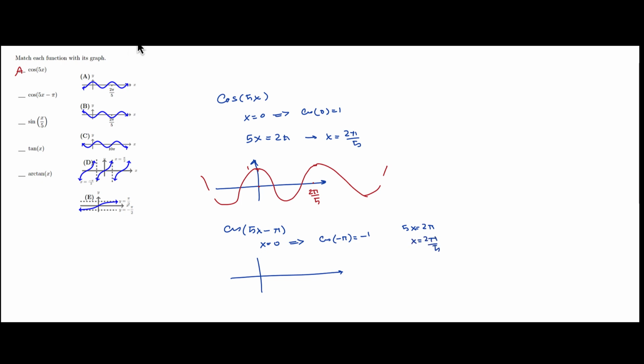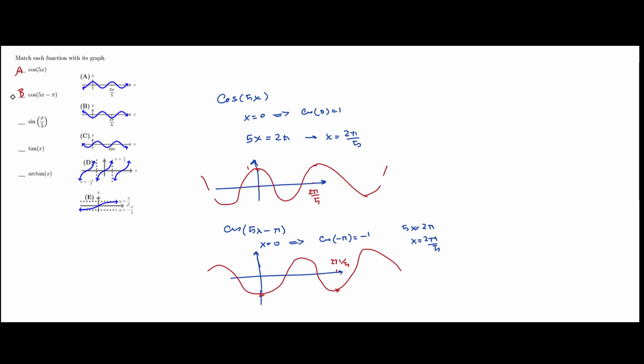And I'm starting from the bottom, negative 1, going up and down and back again to the minimum. And so this should be 2 pi fifths again. And so that one is going to be over here, B.